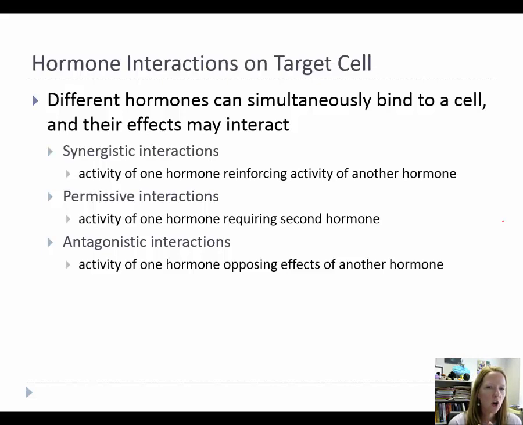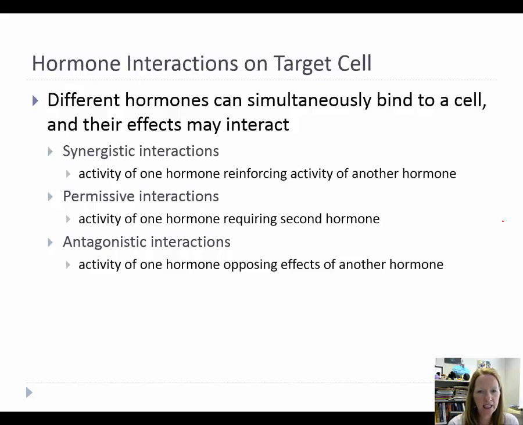You also have permissive interactions, where one hormone gives permission for the second hormone to do something. Usually the first hormone is required if the second hormone wants to be able to do anything with that cell.